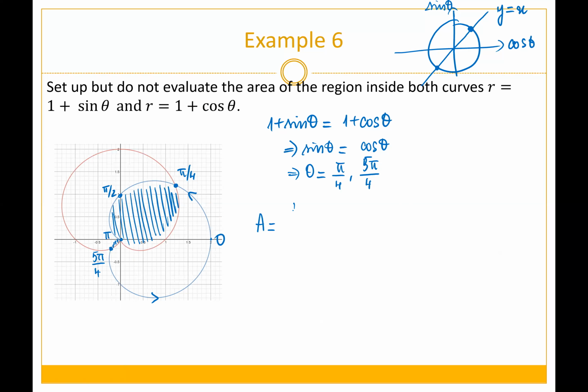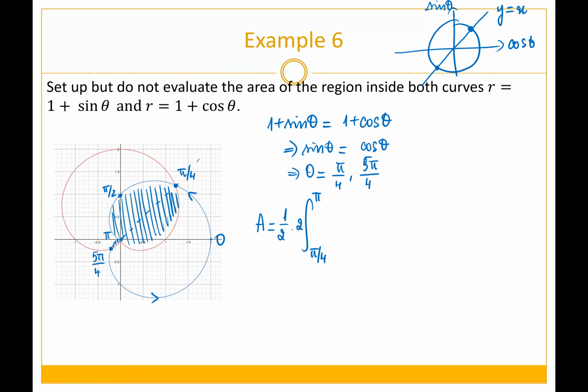And so your area, first of all, the big one is from pi over 4 to pi of the outer curve. I'm going to use symmetry here because these two are exactly the same as one another. And so it's going to be half multiplied by 2.